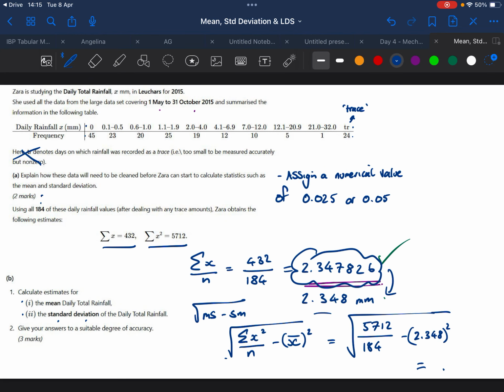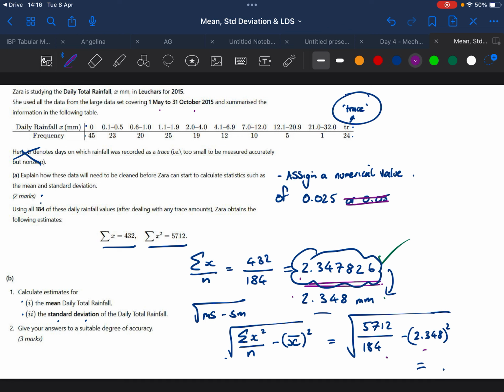So that's it really for that one. There are 2 ideas. You need to know how to deal with the term trace, so we assign it a number value, and I would honestly just pick one of these to say. And when we have questions with lots of decimals, we want to clearly show the substitution for the method marks, have lots and lots of decimals, and then round underneath.